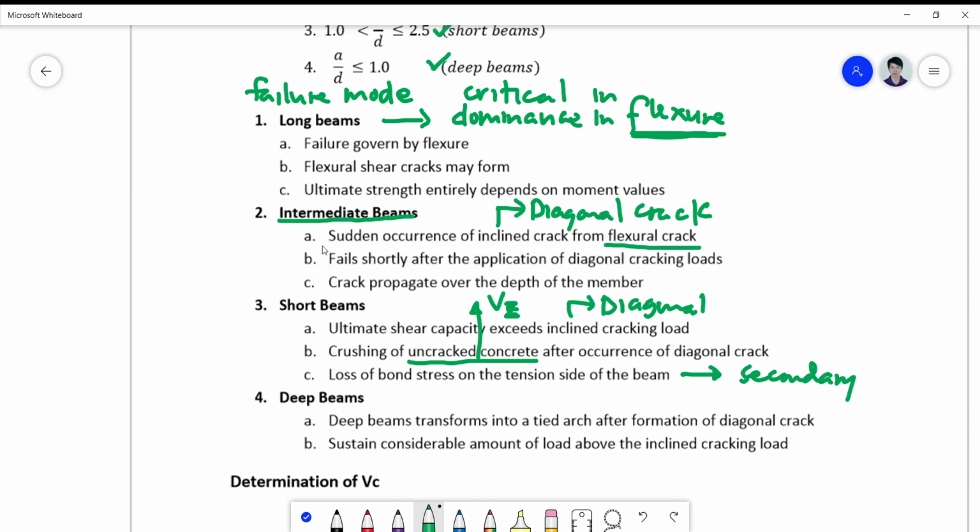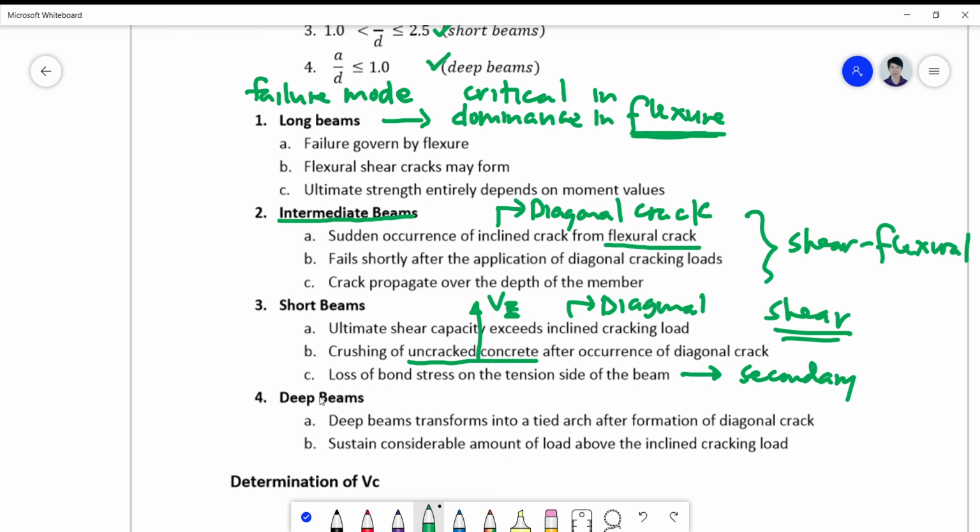So your intermediate beam simply behaves in a shear flexural behavior. If this behaves in flexure, this behaves in diagonal shear, and this will behave in the middle, shear flexural.